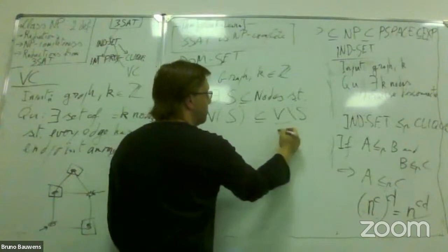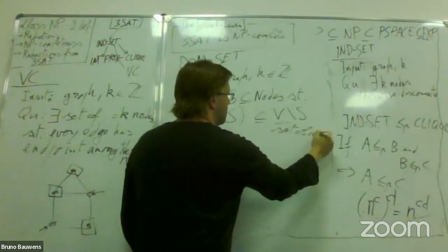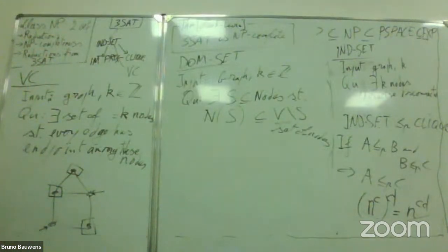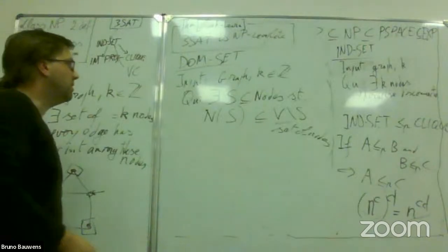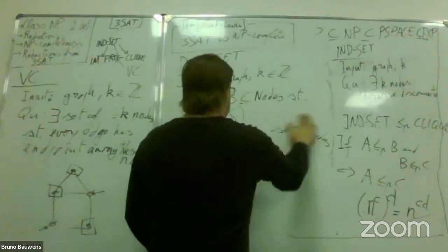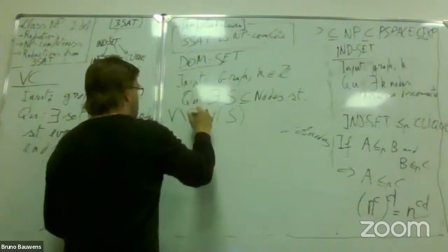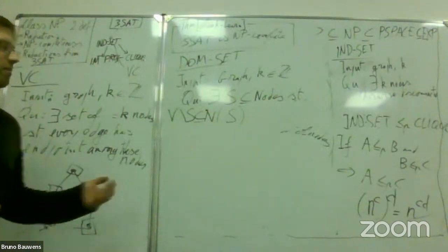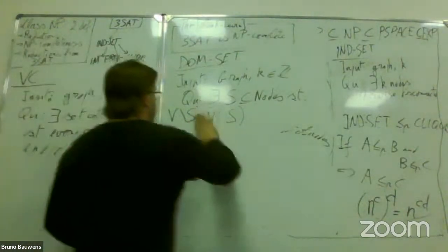So V is the set of nodes. No, V minus S, because the neighborhood of S can contain elements from S. Yes, you're right. Okay, let me write it better.